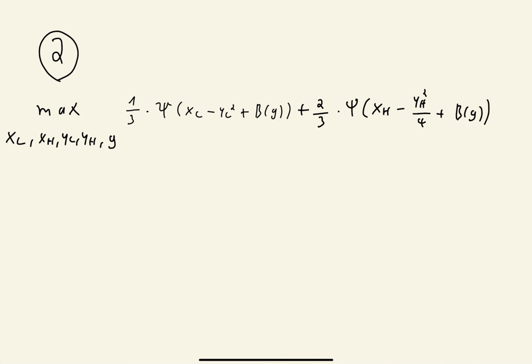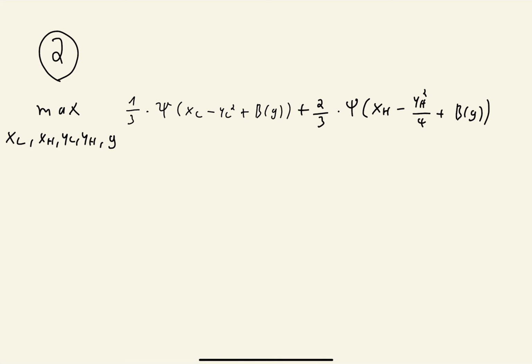Okay, and the only difference that you can see to the objective function in the other exercise that we covered in problem set 1 is that now we have those B(g) functions in this optimization problem.